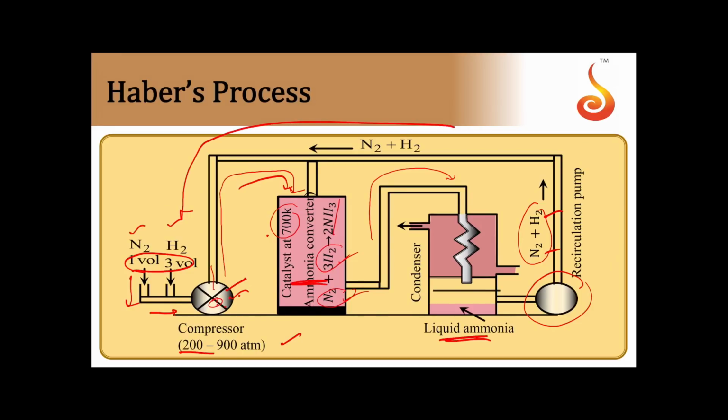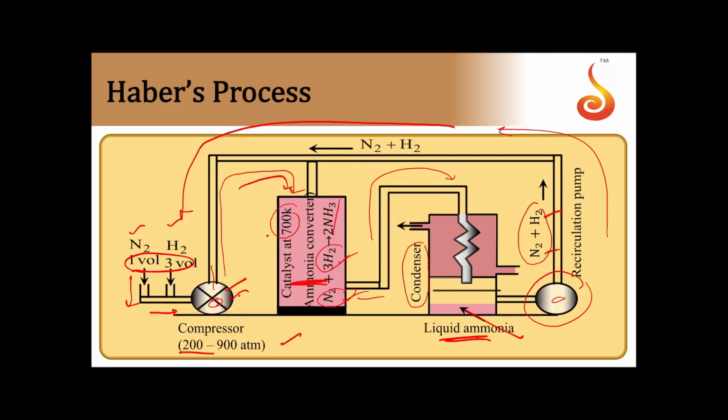Formation of ammonia takes place here. From the catalytic chamber, ammonia is passed into the condenser. There ammonia is condensed to liquid, and liquid ammonia can be collected. And in the entire process, there may be some unreacted H2 and N2 left, which is again passed back into the compressor with the help of a recirculating pump. In this way, ammonia is prepared on a large scale.